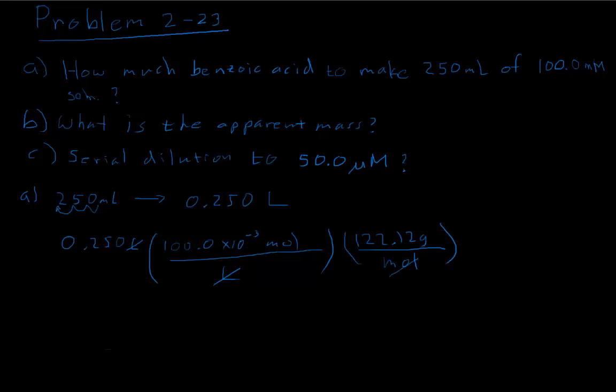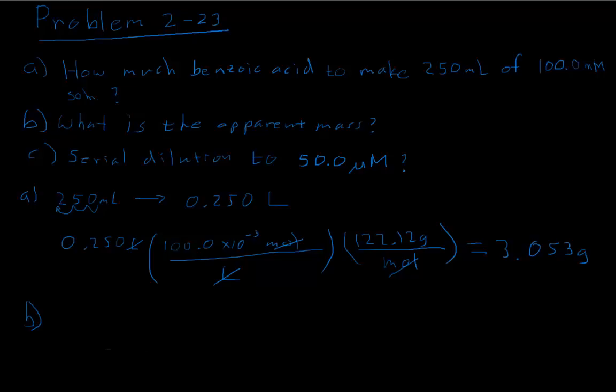The mole unit will cancel out, and now I'm left with the final answer, which is how many grams of benzoic acid I should weigh out. I calculated a value of 3.053 grams.